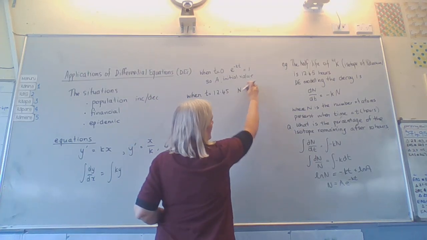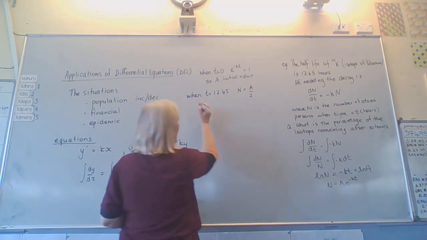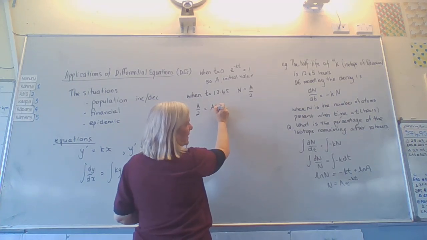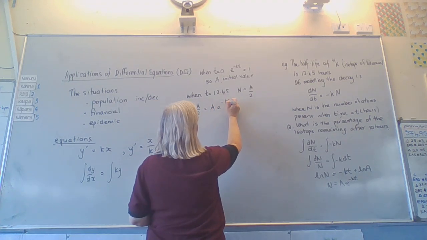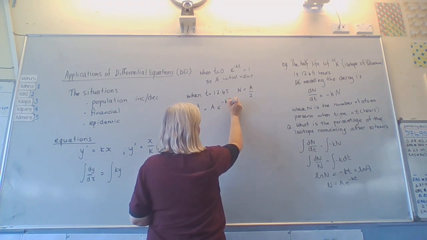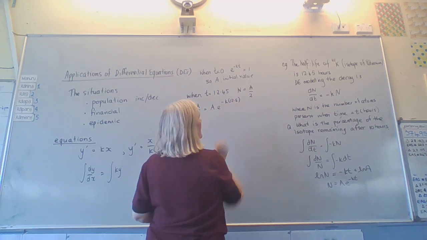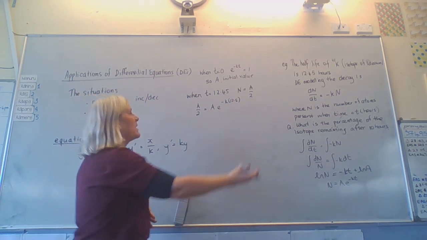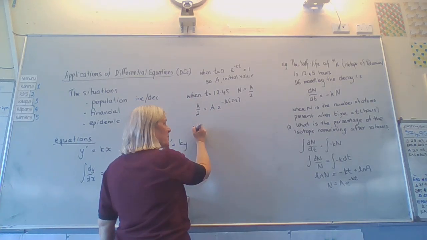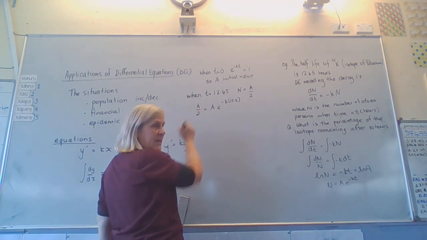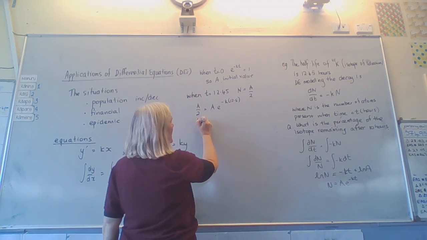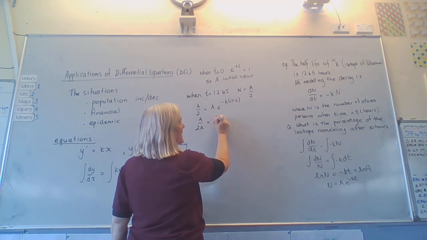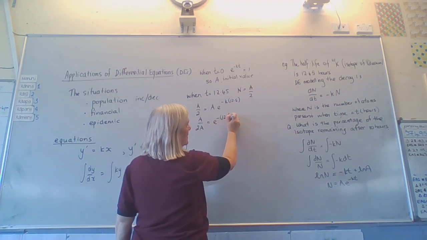Okay, so we're going to make this, all right, so A over 2 equals A e to the negative K times 12.5. All right, so that means that if we divide by A, we're going to be able to cancel the A's out. Okay, A over 2A equals e to the negative 12.5K.